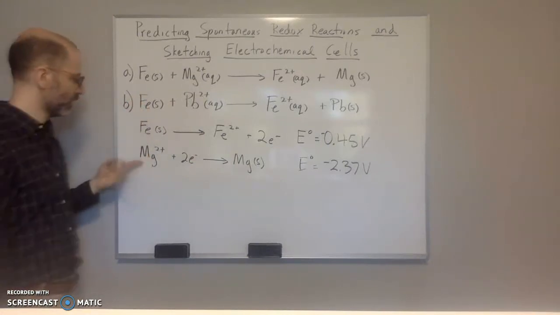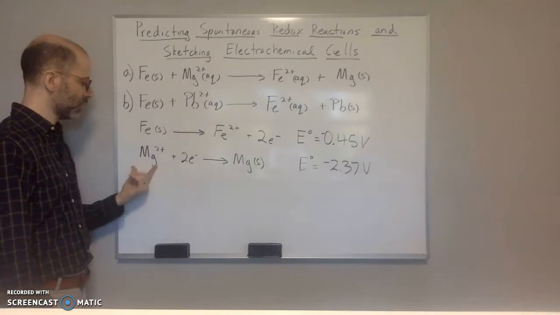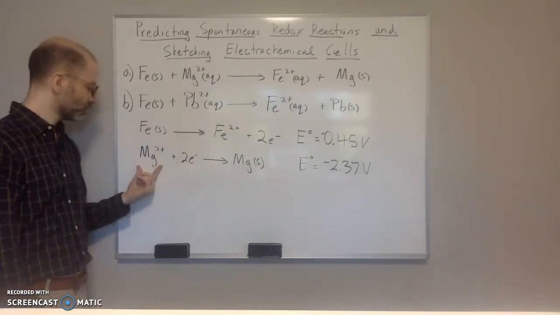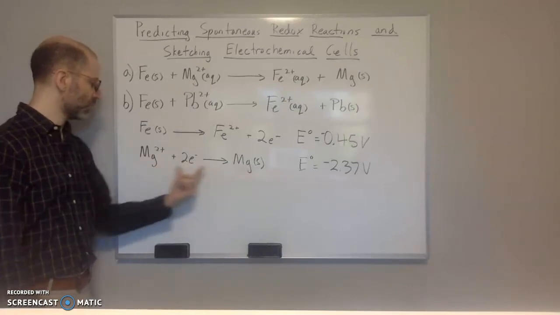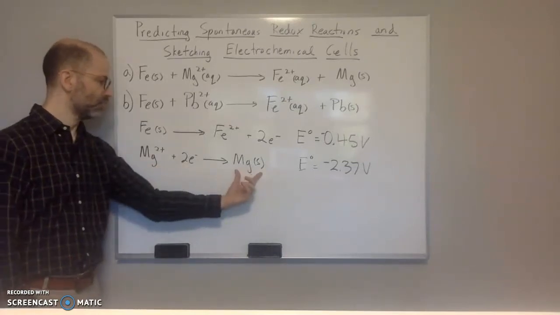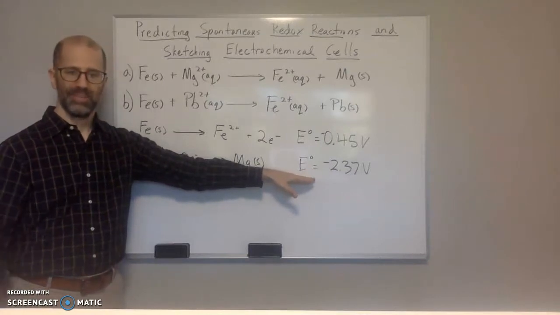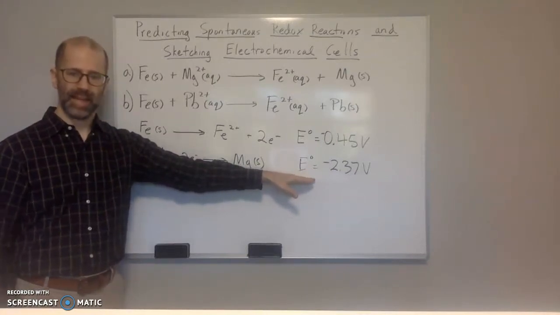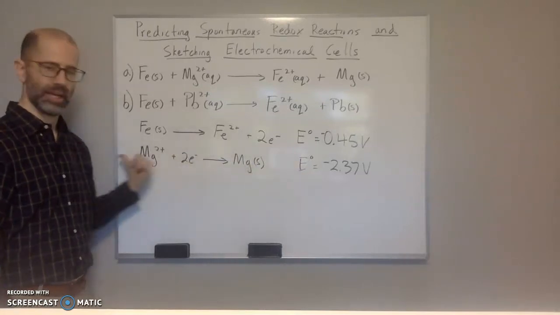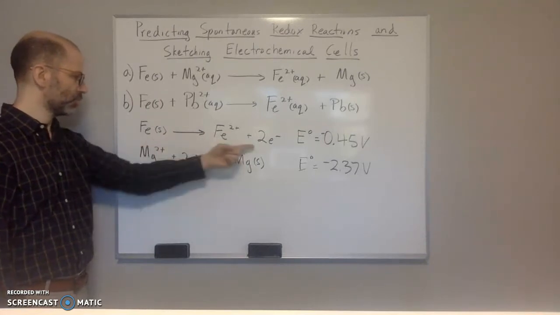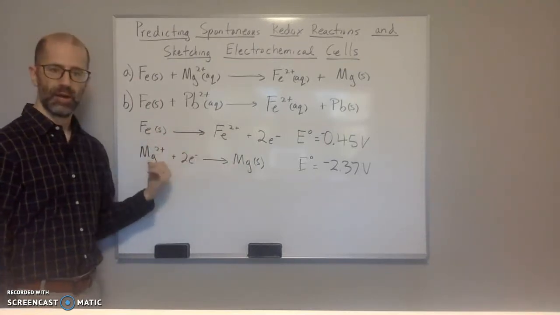The way it's written, the electrons are going to be picked up by magnesium 2 plus, and it would be reduced to magnesium solid. But because the electrode potential here is more negative, that's not likely to happen. It's more likely to go in the reverse direction, and the iron is actually going to be reduced. So we need to flip these around.